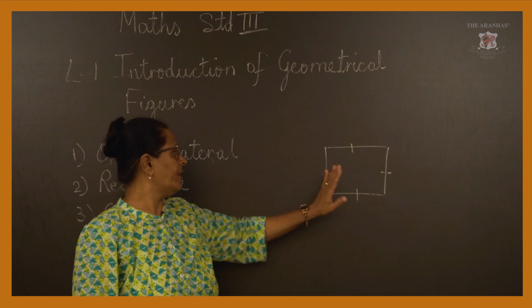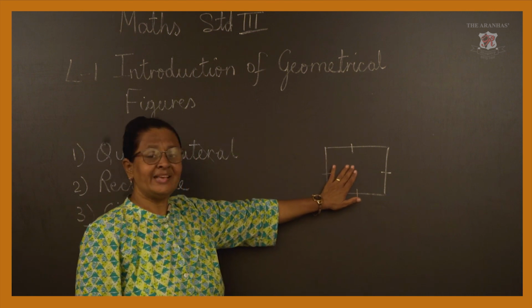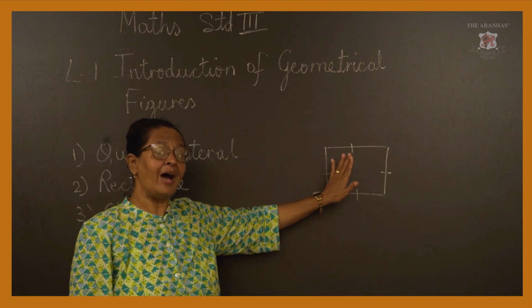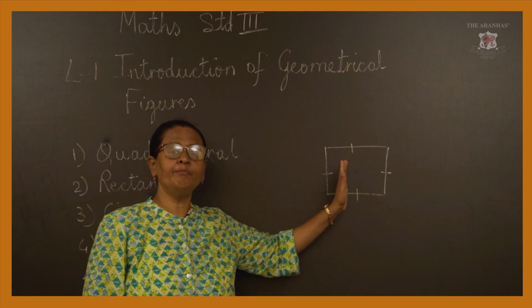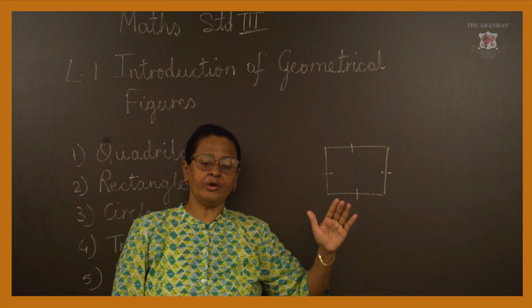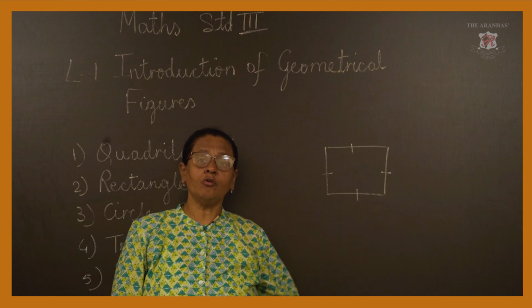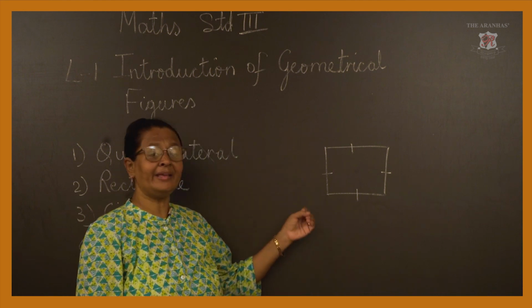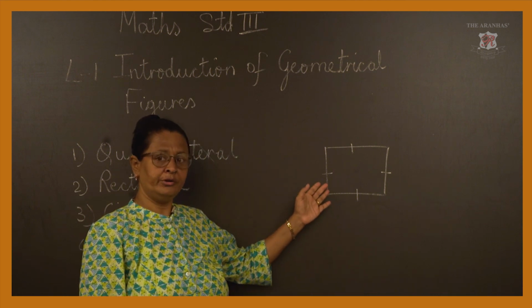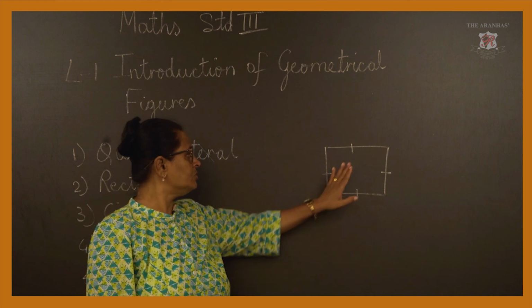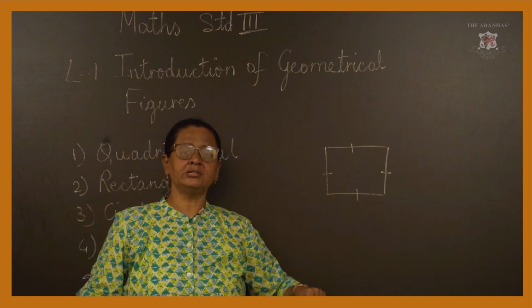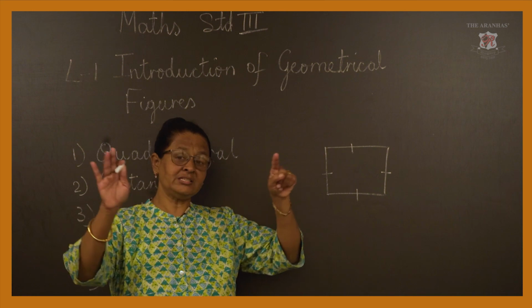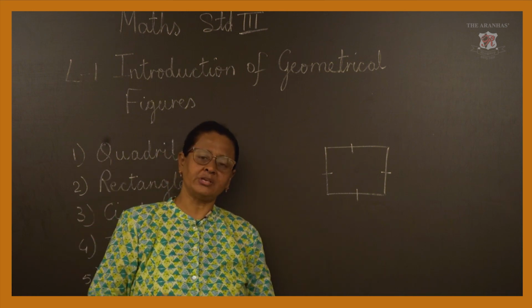Understood? The best example for you for now is a carom board. Due to lockdown, you are all sitting at home and cannot go out and play. Most of you are playing carom, ludo, snake and ladder. The carom board is a square, it is the same on all four sides.